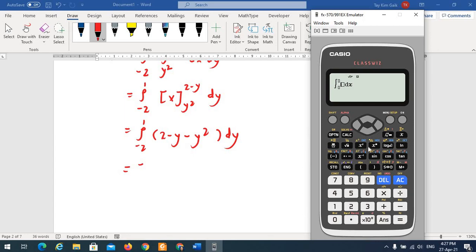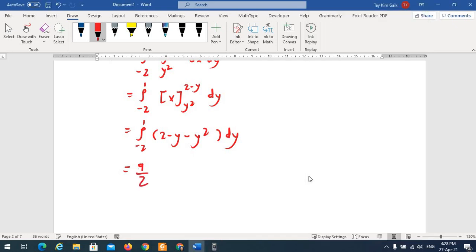Of course, with the calculator you have to change it to x. So 2 minus x minus, with limit from negative 2 up to 1. The answer is 9/2.